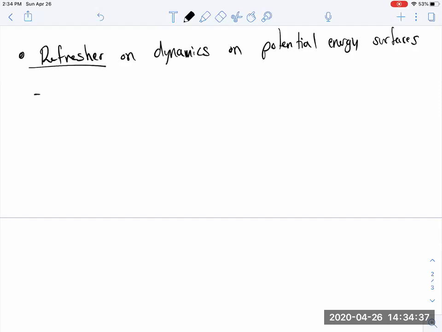So let's imagine we have some simple coordinate x. And say, imagine we have a potential defined on that x, a potential energy which varies with x, which is just harmonic. Something looks like that.